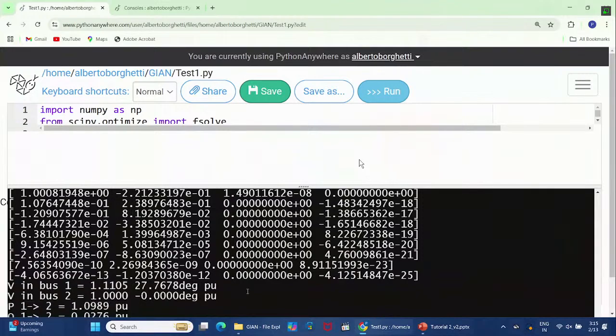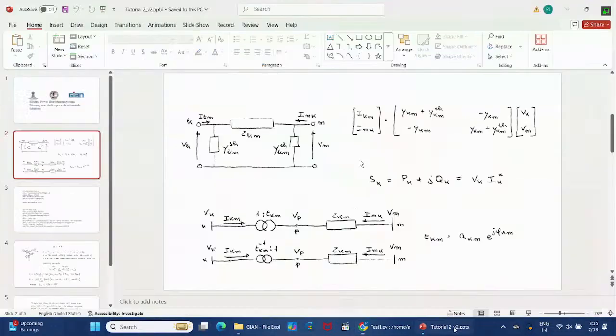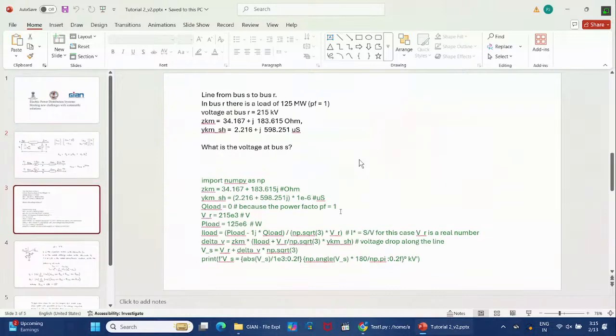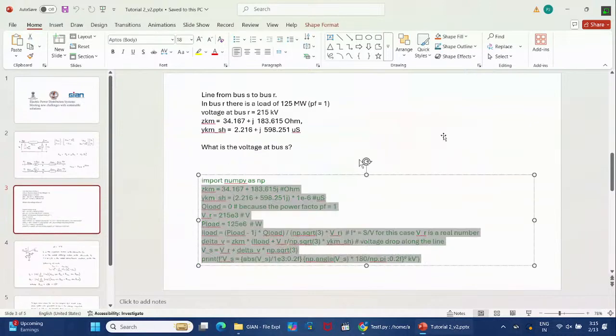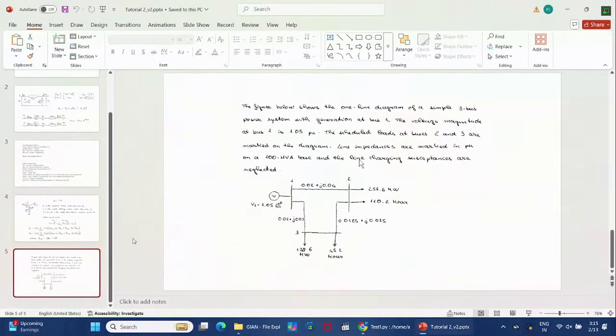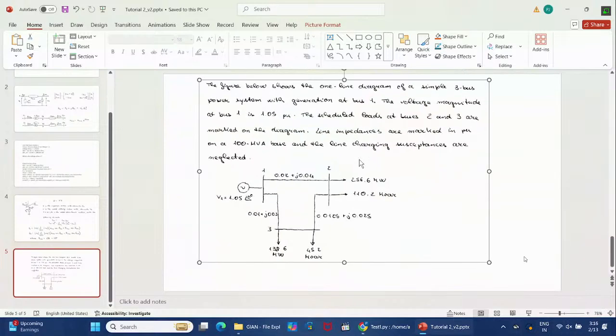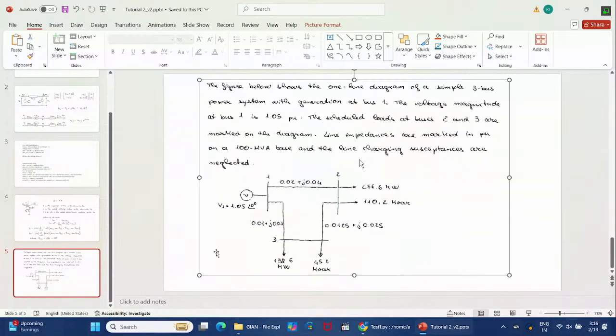Yes, apparently there are the same results that can be obtained directly by the knowledge of the power and the voltage in bus 2, and then you get the current, and if you copy and paste this in Python, you obtain the same result. But we have done this because we can also think of this kind of problem where there are 3 lines.